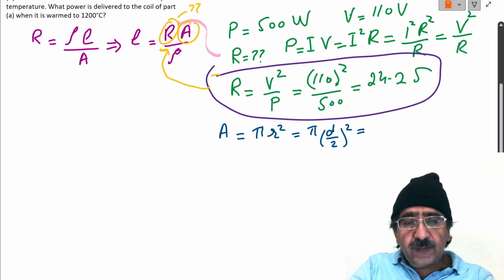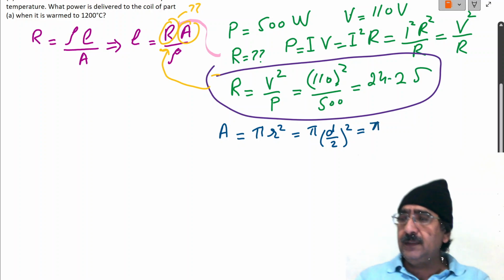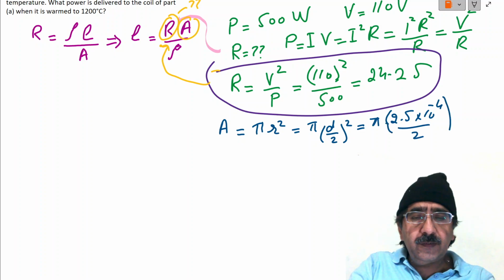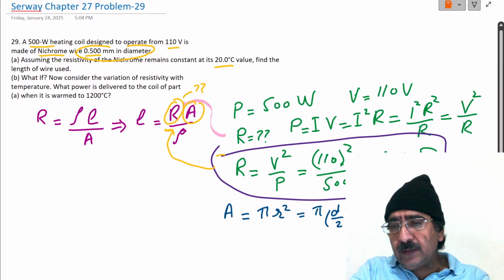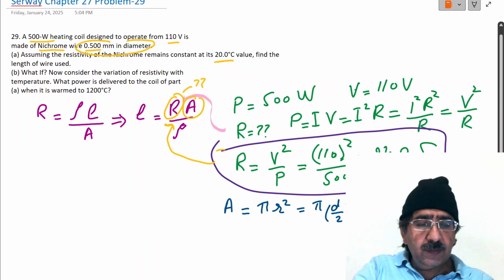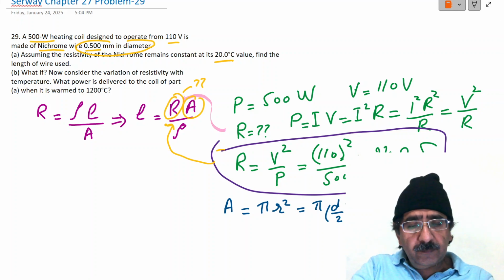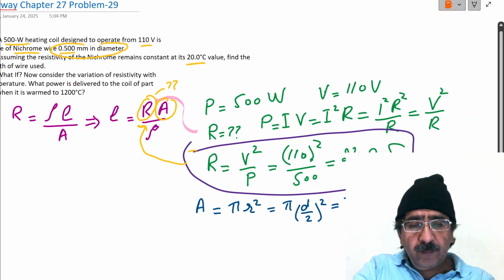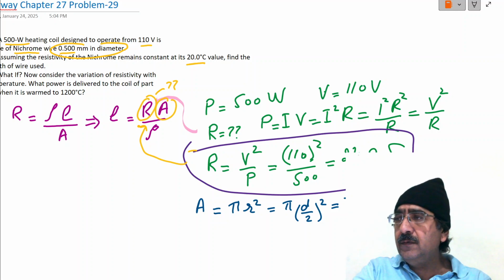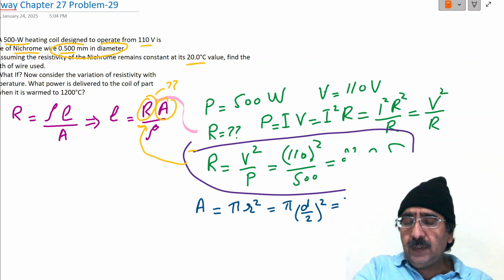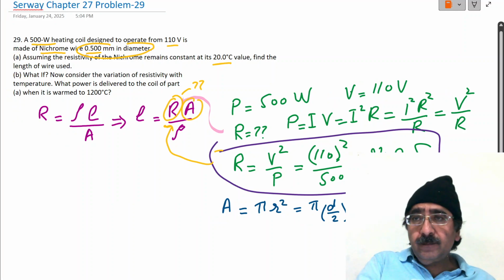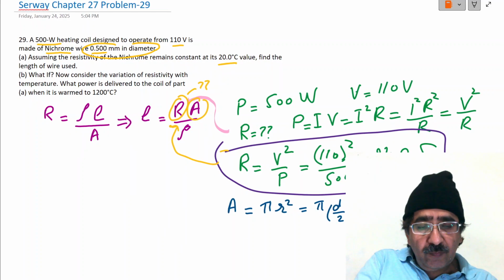D is given as 0.5 millimeter, that means 5 multiplied by 10 to the power minus 4 meter, divided by 2 square.